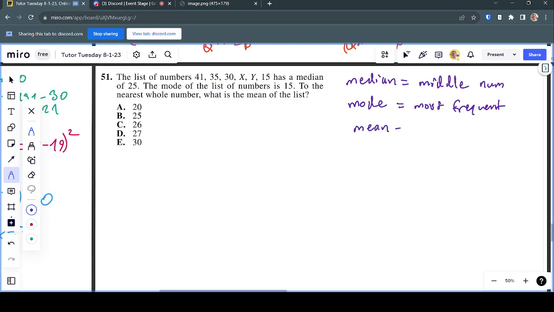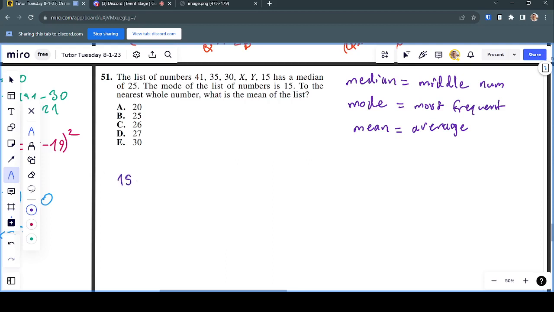Well, the mean is the weighted average. First, let me look at the median and the mode. The median is 25. So if I organize this from least to greatest, I already have these numbers that are above 25. So I need these numbers to be below 25. So let me organize it like this.